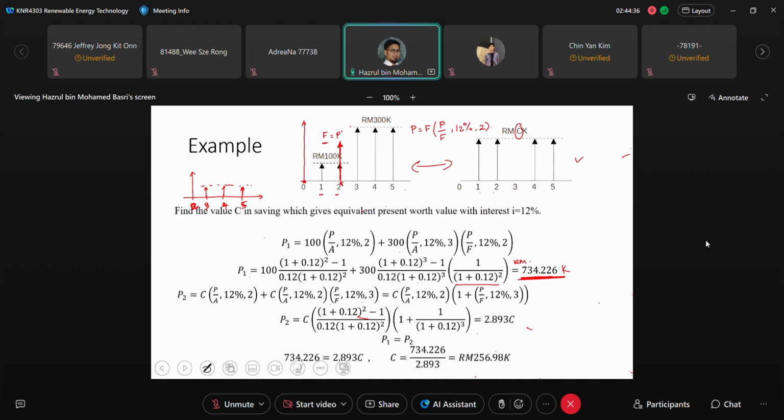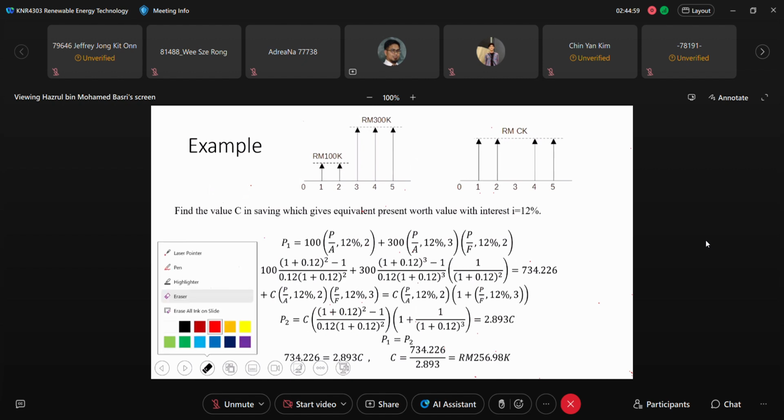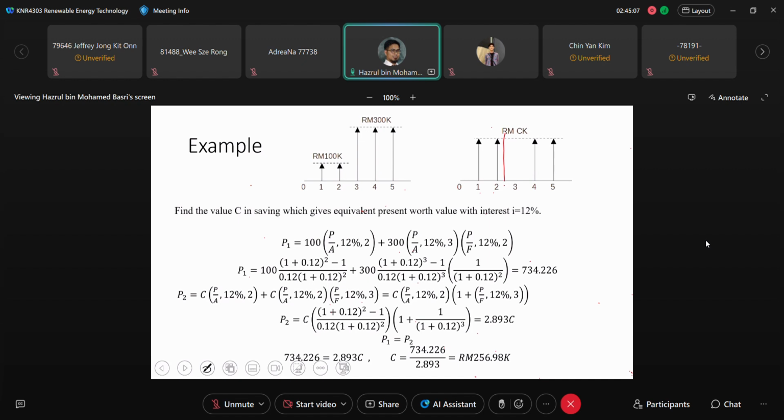For project number 2, yes, we are going to use exactly the same approach. Step number 1, I'm going to calculate the present value.